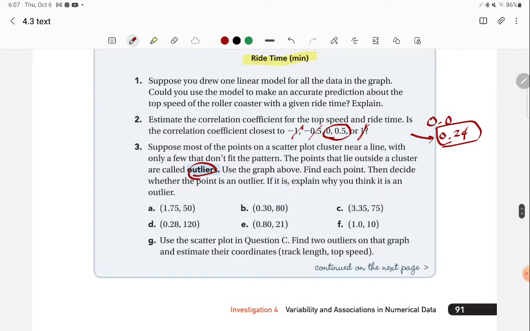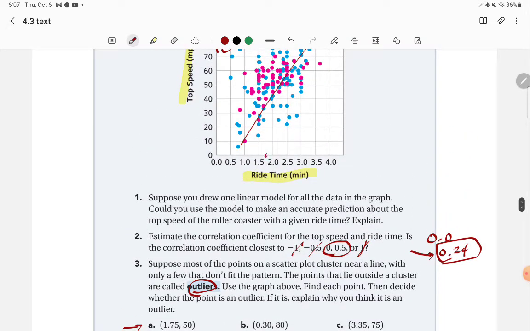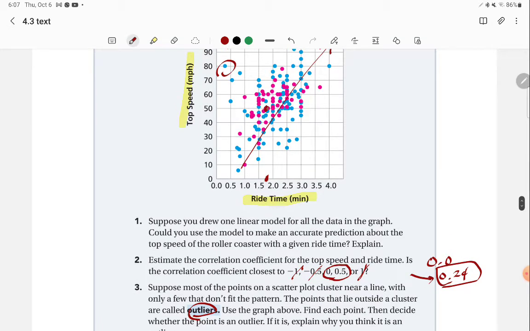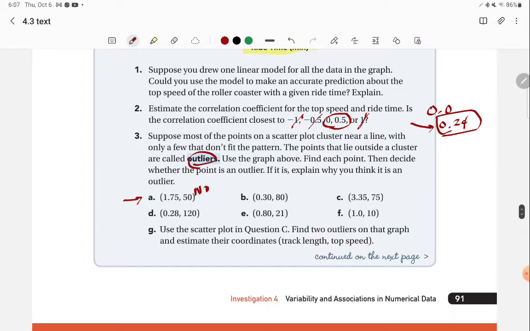So use the graph above, find each point, then decide whether the point's an outlier. So you're looking at point A, if it's an outlier or not. A is not an outlier, so 1.75 is about right here. And then if you go up to 50, so that's right in here. You notice that's in the cluster with all of the other points, so that is not an outlier.